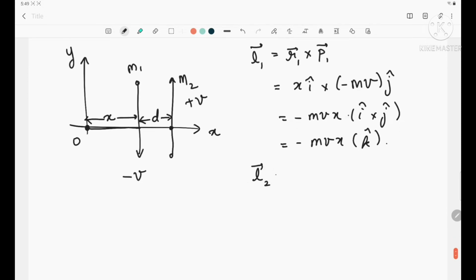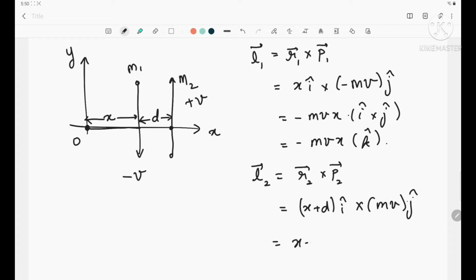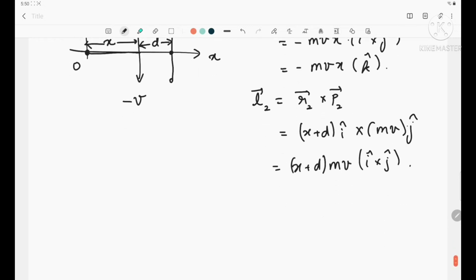In the same way, L2 vector will be equal to r2 vector cross p2 vector, and that is equal to x plus d into i cap cross mv into j cap. So that will be equal to x plus d into mv, again i vector cross j vector. So i cross j is equal to k, and this is mvx plus mvd into k cap.